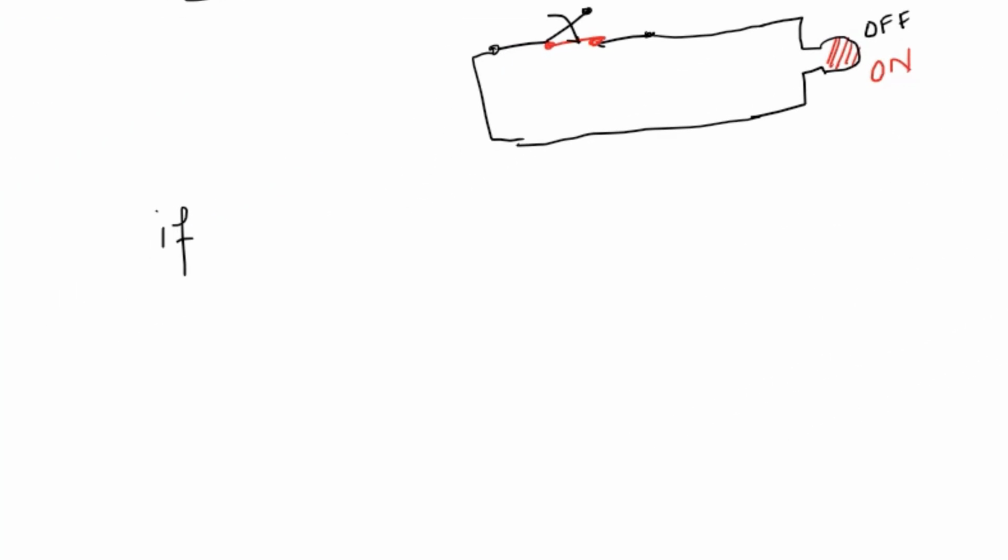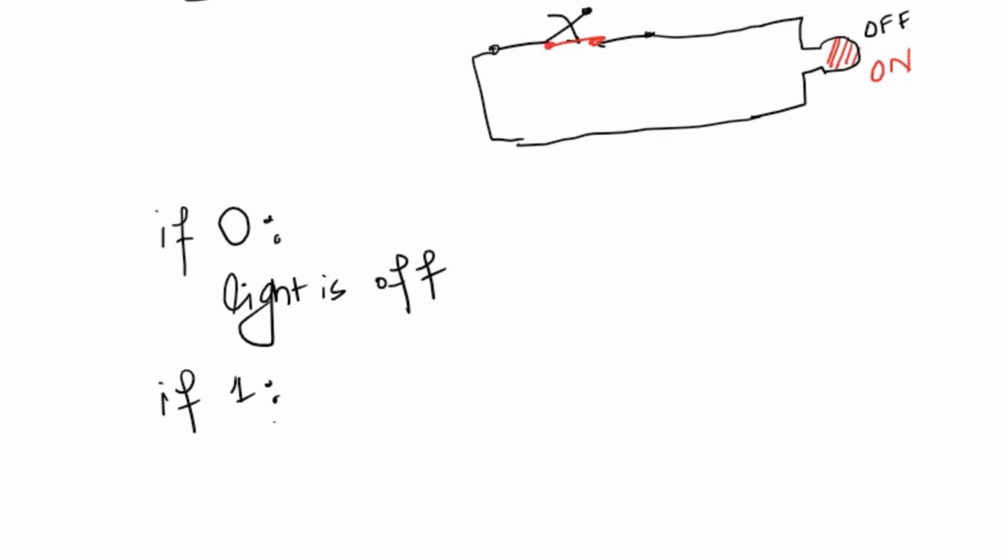We can write it like: if 0, what will happen? The light is off. And if 1, the light is on. That is one situation.